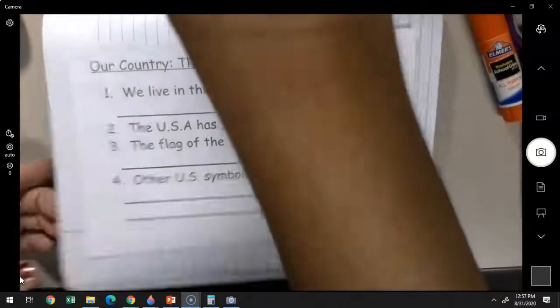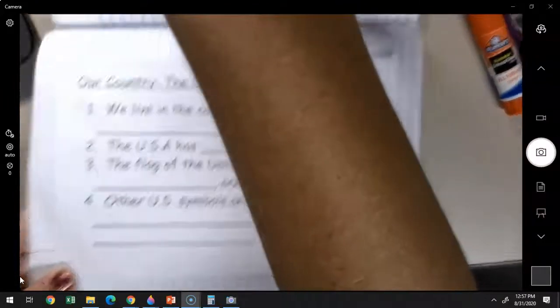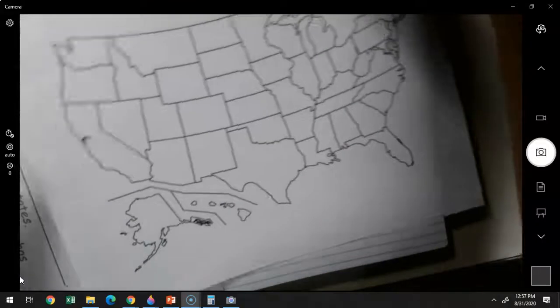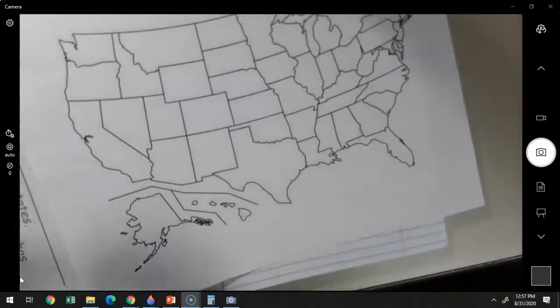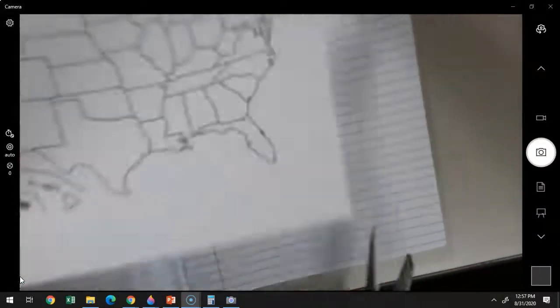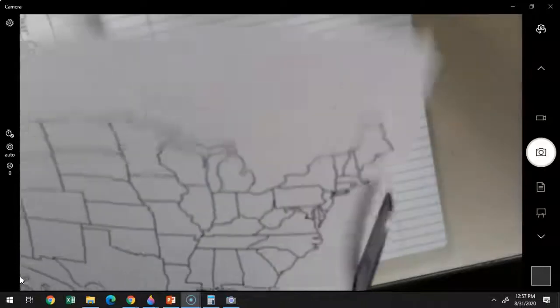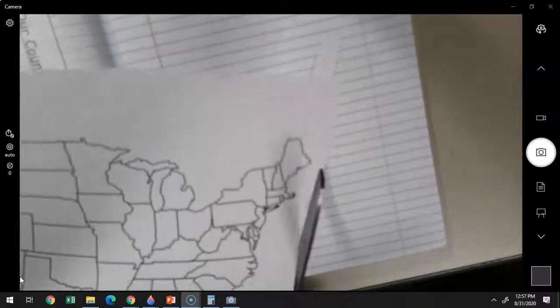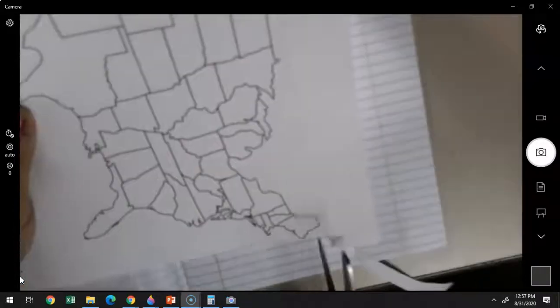Okay, then you're going to need your map. And the map, again, is just a little bit too big for our page. So with your scissors, you're going to cut off the extra paper that's around the edges.